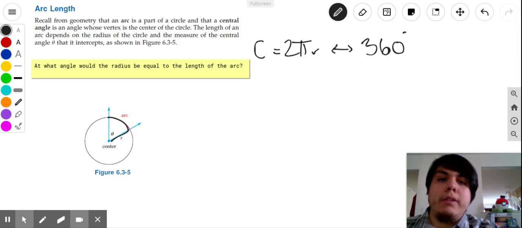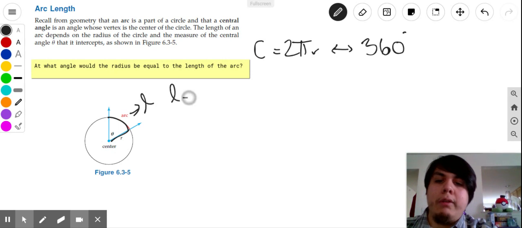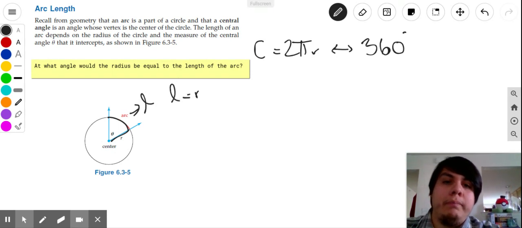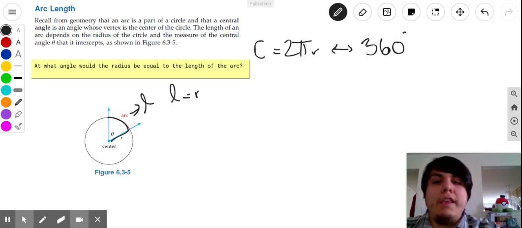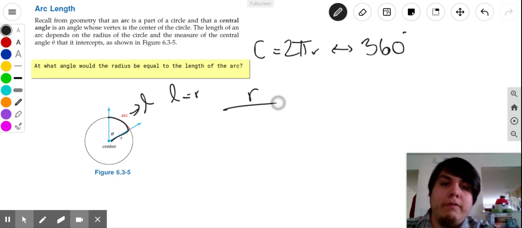So what I'm going to do is set it up where arc length, let's call it L. And I want to figure out whether L and R will be the same. So I want a certain piece of the circumference. I want an R piece of the circumference divided by 2 pi R, right?